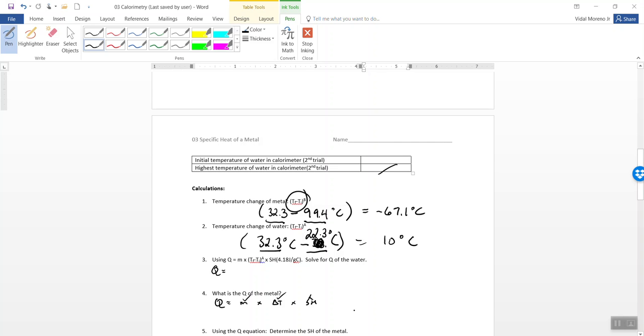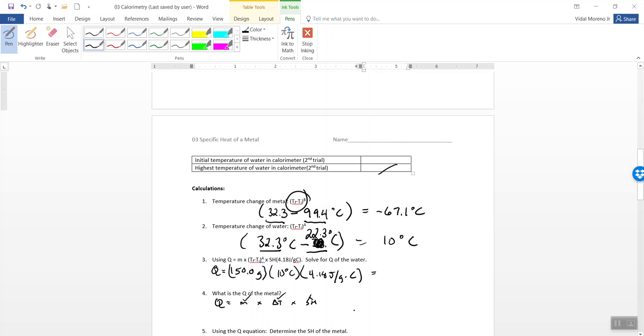Mass of water? Change in temperature of water? Specific heat of water? Should be on the back of your periodic tables. 4.18 is good enough.